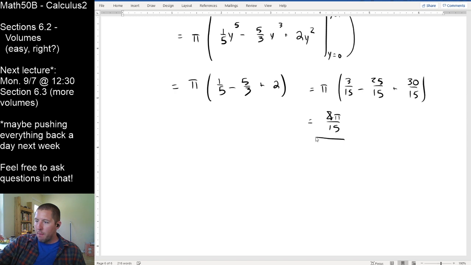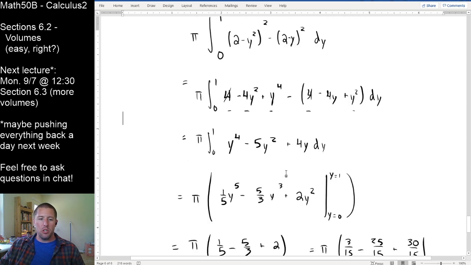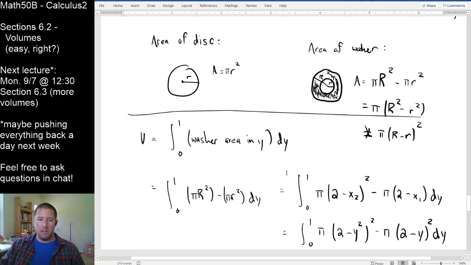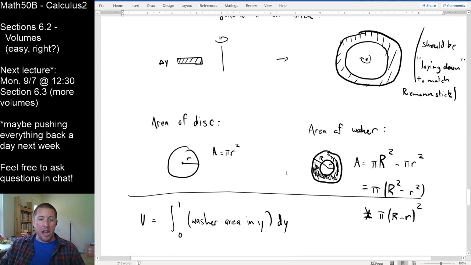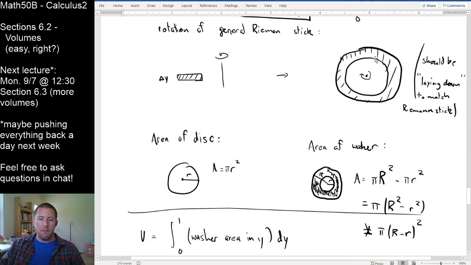As promised, your challenge in this semester is to come up with two-dimensional cross sections that are representative of a Riemann object. In this case, our Riemann object wasn't even really the stick. I drew a Riemann stick, but the important thing was the Riemann object itself was the washer. This was the thing that we added up an infinite number of copies of.